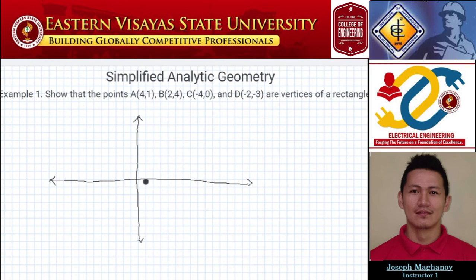So point A, that is your 4, 1. So this is your point A. Your B, 2 and 4. This is your B. C, negative 4 and 0. And for your D, negative 2 and negative 3.